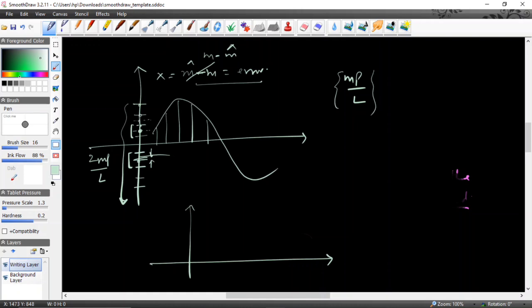If the point is here, then there is 0. If it goes below this, then in one case you have the error as positive, in the other case the error is negative.